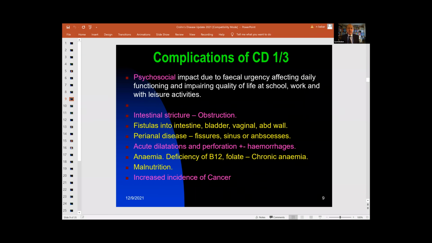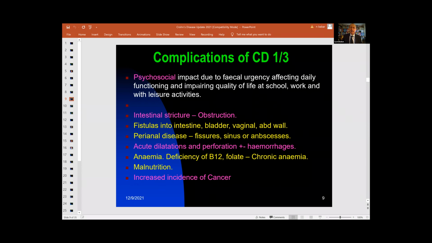So what would be the complications of Crohn's disease? Ordinarily, one would think of pathological complications, surgical complications, and so on. But one of the greatest impacts which Crohn's disease has, and this is in common with ulcerative colitis as well, is psychosocial impact.